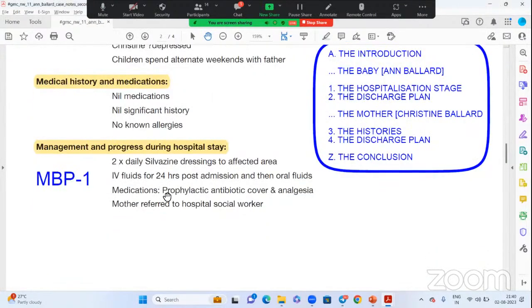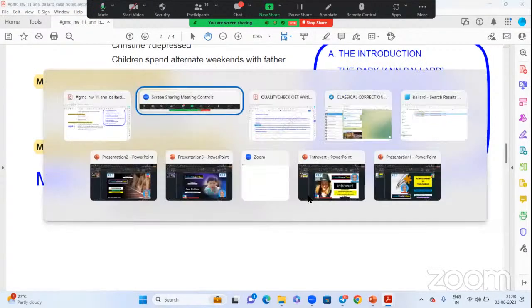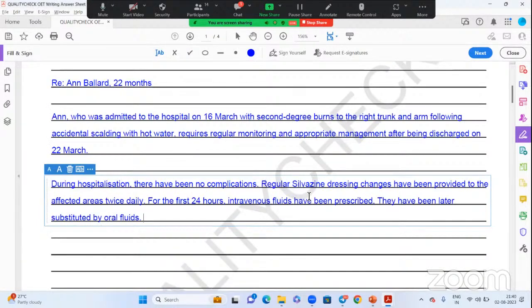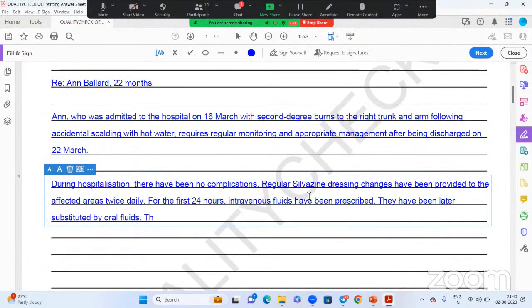Medications. Prophylactic antibiotic cover and analgesia. The condition has been effectively managed during hospitalization.